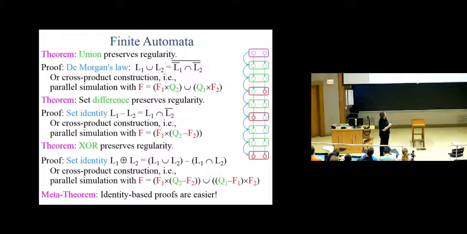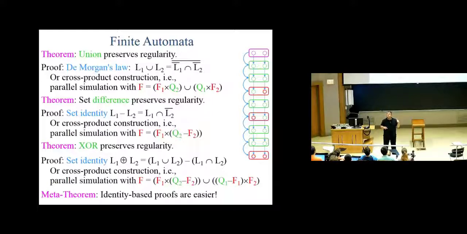You accept something that's in the first, but not in the second. The final states will be all the final states of the first crossed with all the non-final states of the second machine. That gets you the difference machine, the machine that accepts the difference between the languages accepted by the original two machines. How many get that? Okay, I'll take it, about half of you.